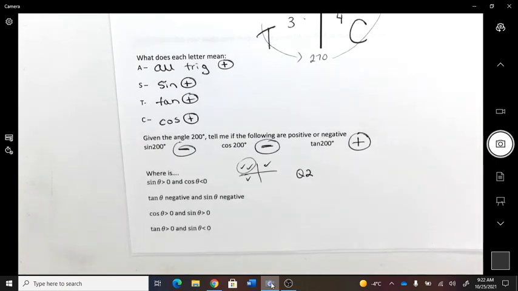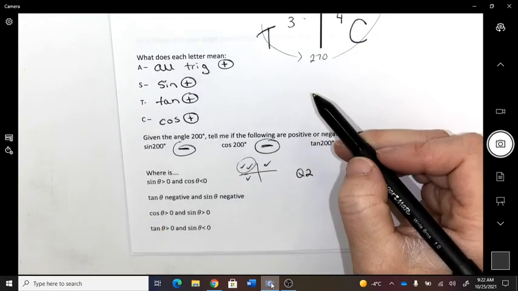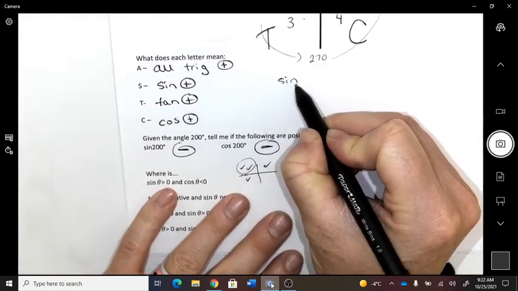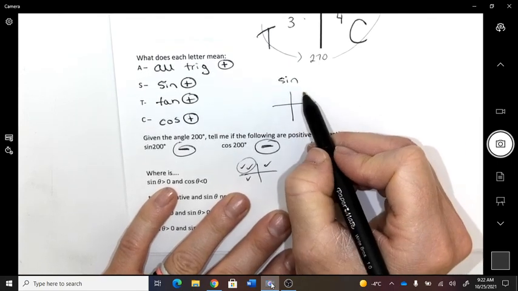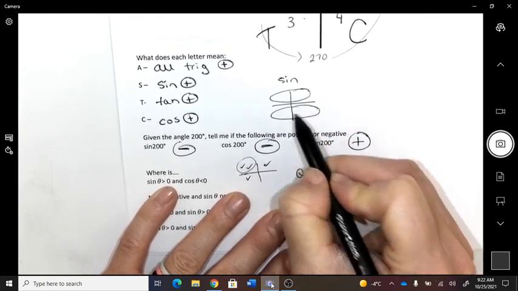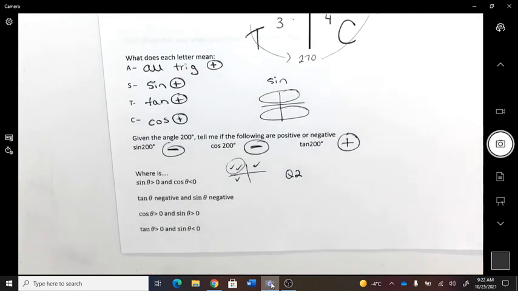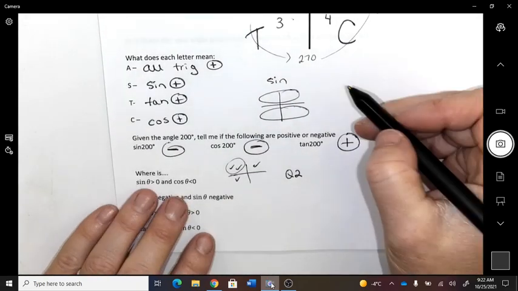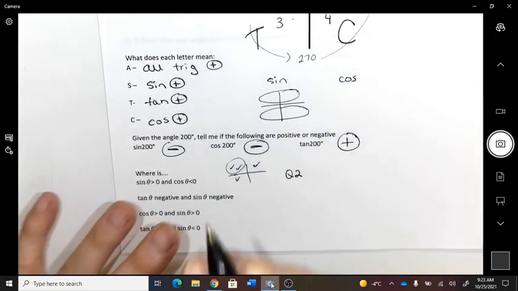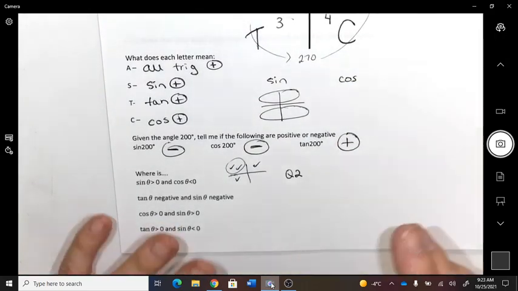Okay, can I show you a little bit of a trick when you're looking at this? Sine separates tops and bottoms, kind of like y's. Y's positives, y's negatives.